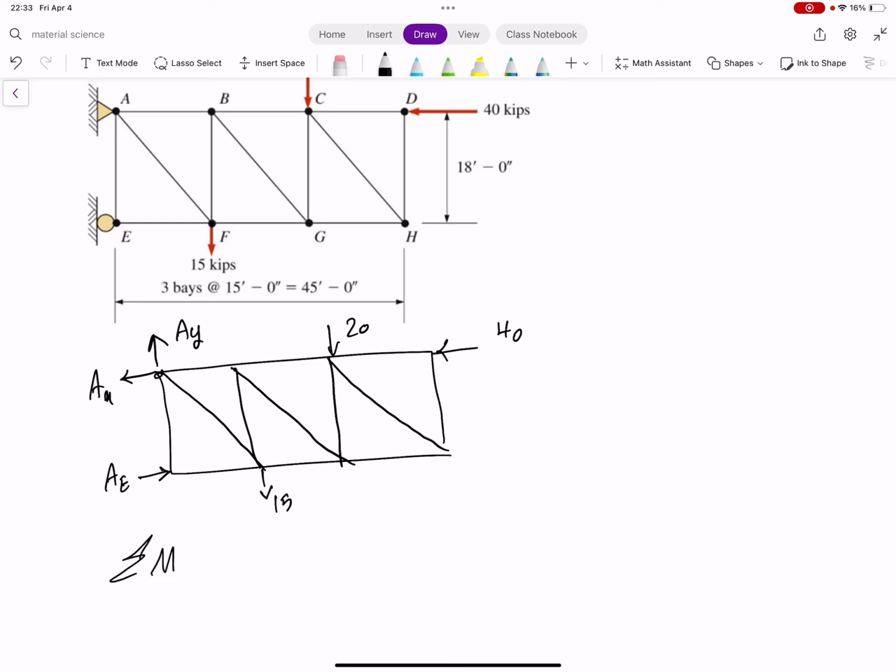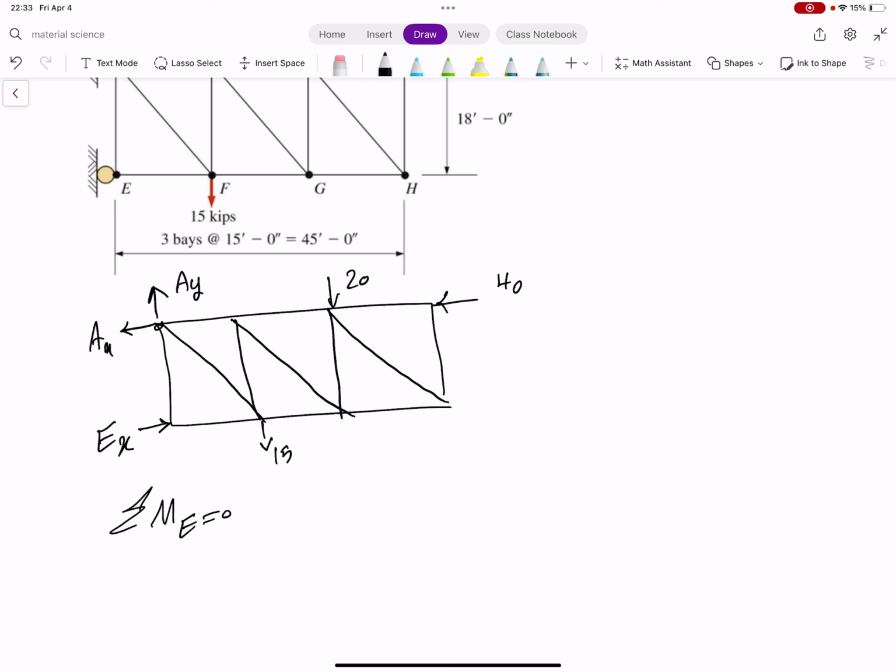You can use moment about point A or point E. Oh, I'm sorry, this should be E, EX, okay? I'm going to use moment about point E. Then we can solve for AX. AY is going through point E, so it's not going to have any effect.